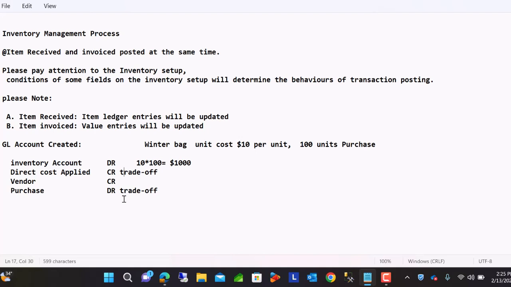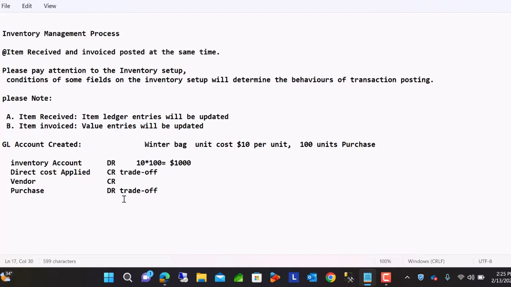One of the reasons is that it's possible when we receive an item and we have not fully invoiced the item. So we receive 10 units of an item, which cost a value of 1,000, but when we are invoicing it, we only invoice 5.